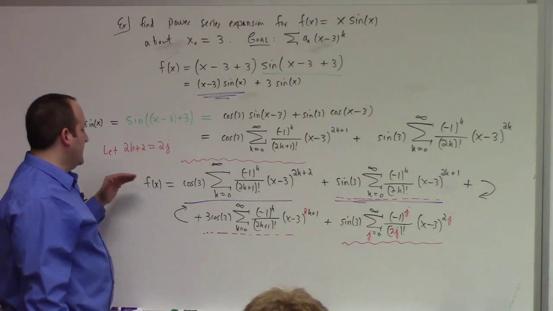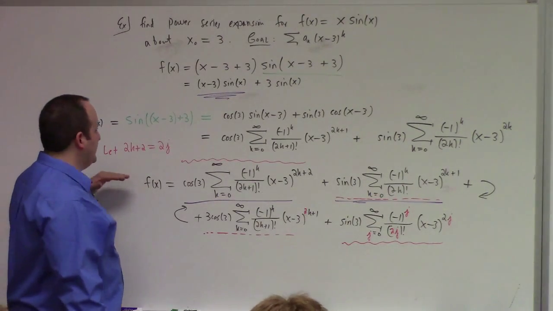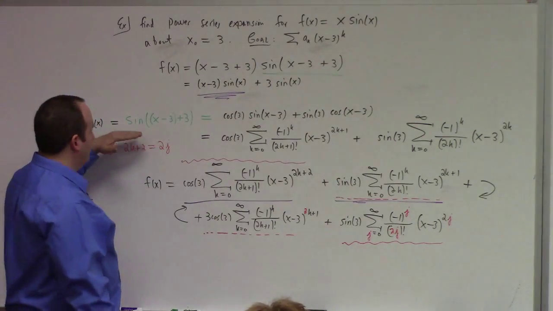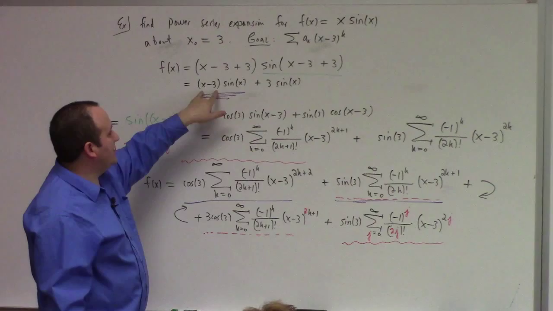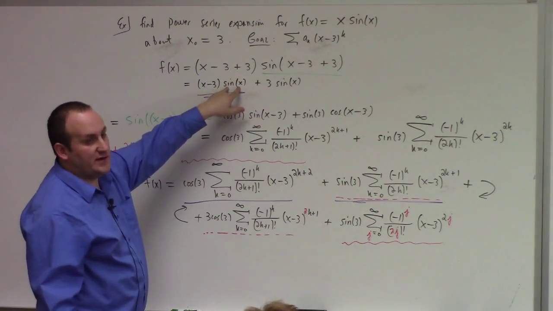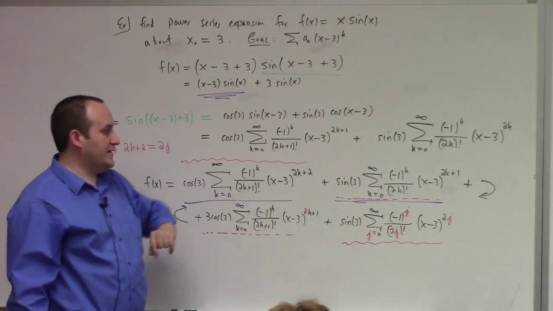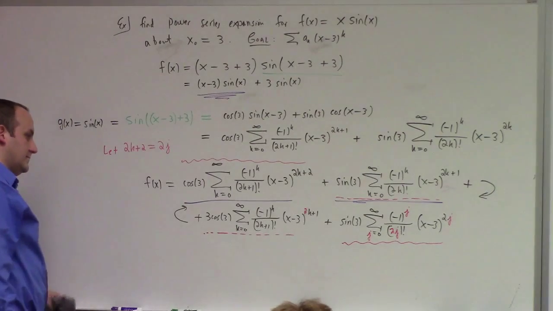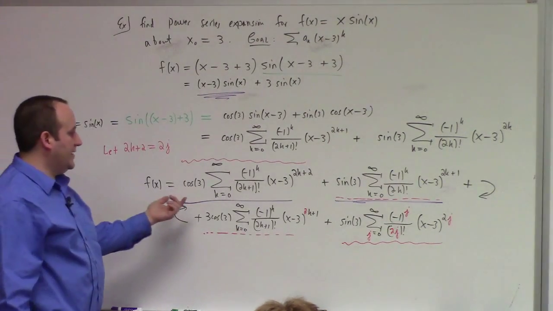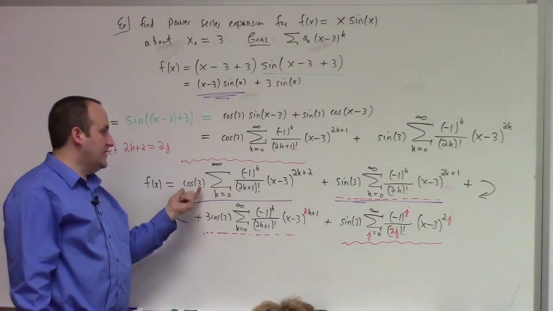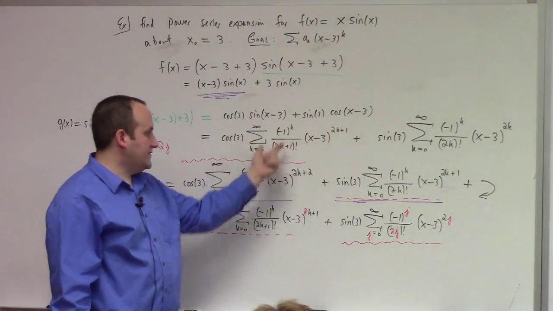Now, so then what I do is I actually multiply my g of x expansion, right? My sine x, times this thing. So I've got two terms. I've got x minus 3 times sine x, and then I've got 3 times sine x, right? So x minus 3 times sine x is just this, right? I've got cosine of 3, these terms.